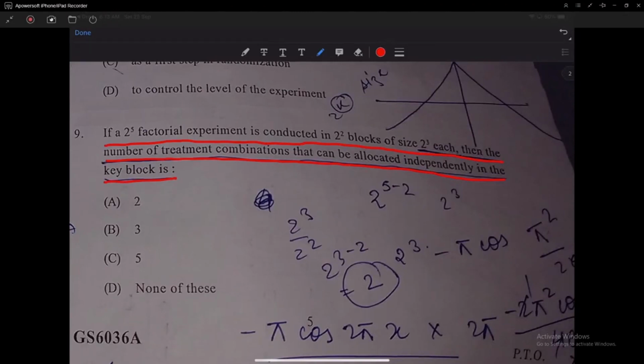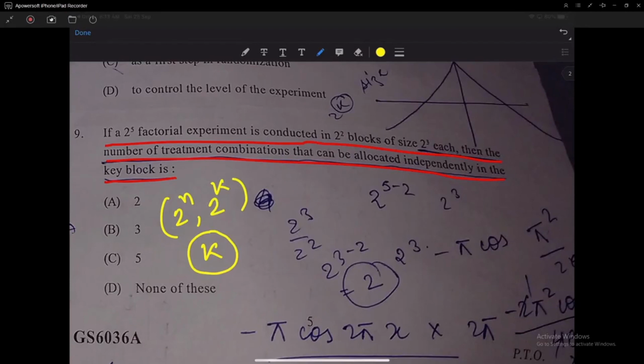So I just have written the 6 points. In the 5th or 6th point, I have written that they are independent. So if we have, let's say, a 2 to the power n, 2 to the power k order model, then there are k independent treatment combinations.